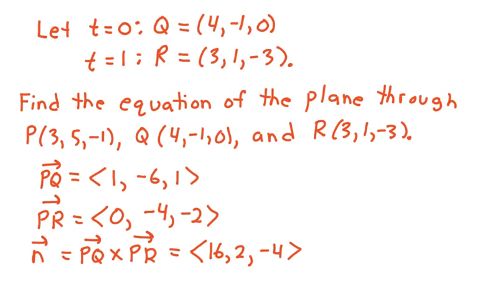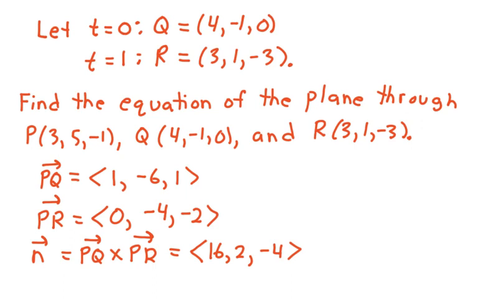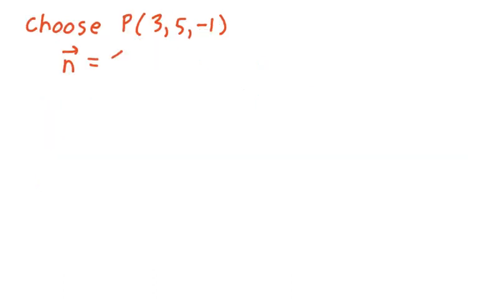Now, we're going to choose one of the 3 points. So I'll just go ahead and choose the point P, which is 3, 5, negative 1. Okay. My normal is the vector 16, 2, negative 4.